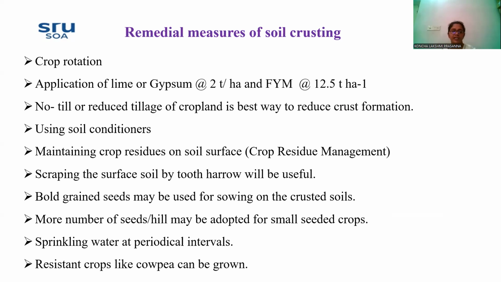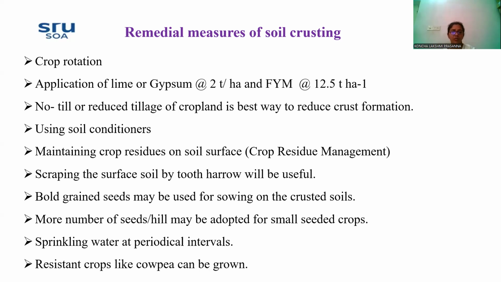Next is reduced tillage or no tillage, which is the best method to prevent the formation of soil crust. Next, usage of soil conditioners like chelates. Next, maintaining crop residues on the soil surface, that is crop residue management. Scraping the surface of soil by tooth harrow will also be useful.